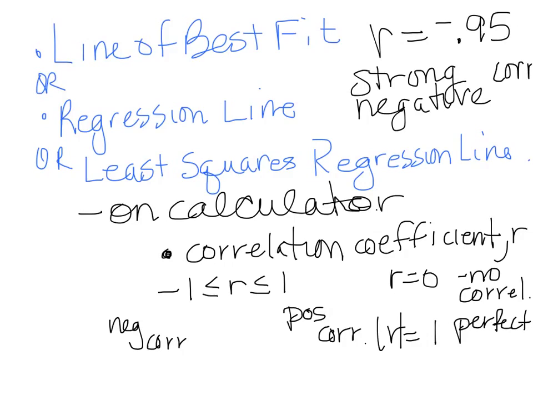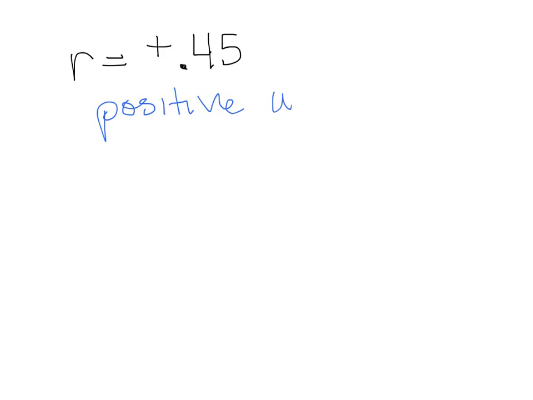Okay, so I want you to take a correlation and describe it. R is equal to plus 0.45. How would you describe that? Well, if it were me, I would call this a positive but weak correlation.